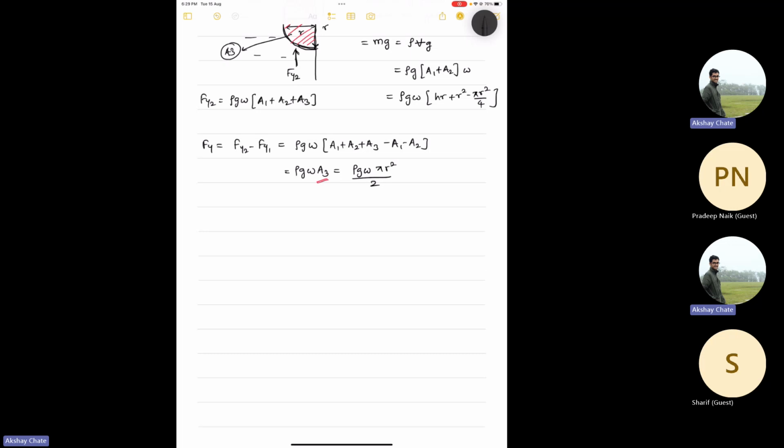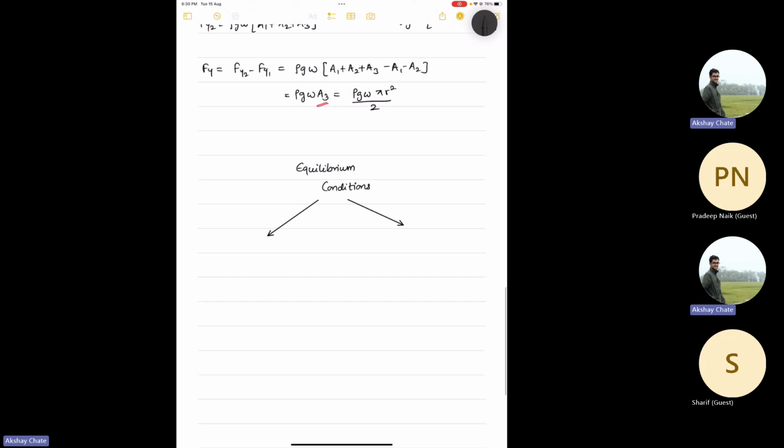Equilibrium conditions are there, right? Yeah, so equilibrium conditions are there, and it has two categories. One is for completely submerged bodies.